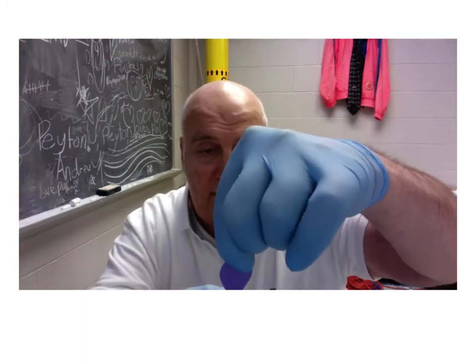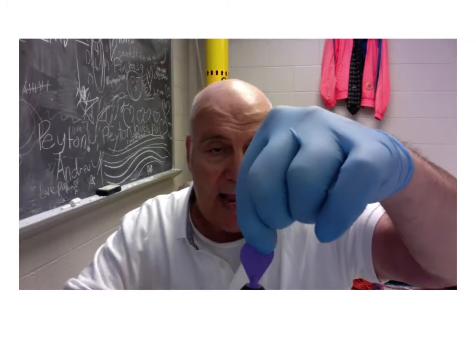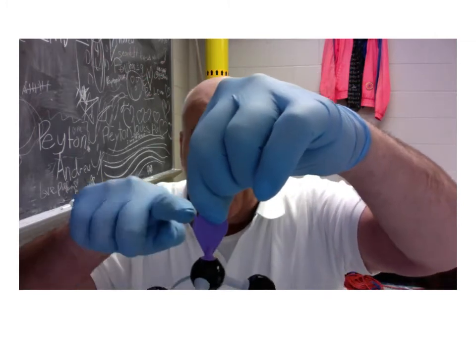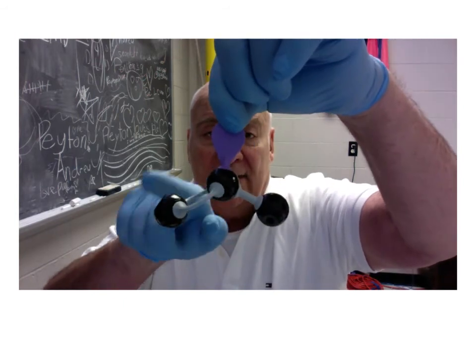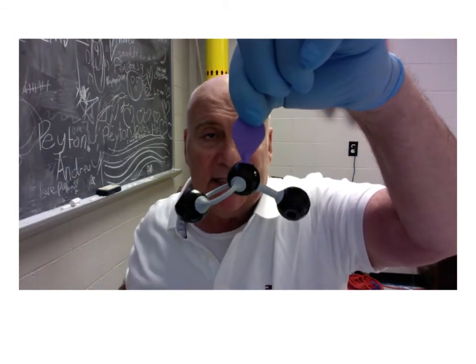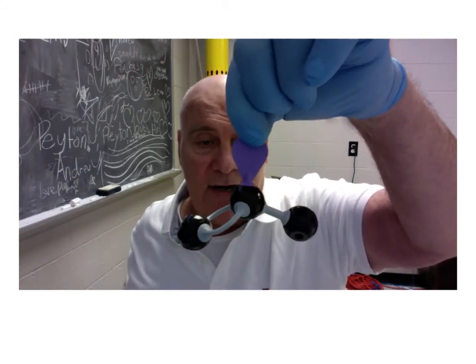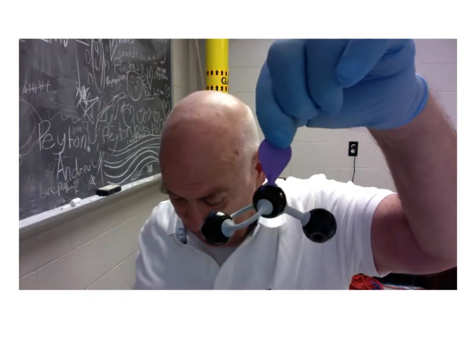The angle between the B's to the central A would be pushed down by this non-bonding pair, and so the angle between the B's to the A is somewhat less than 120 degrees, as we discussed.